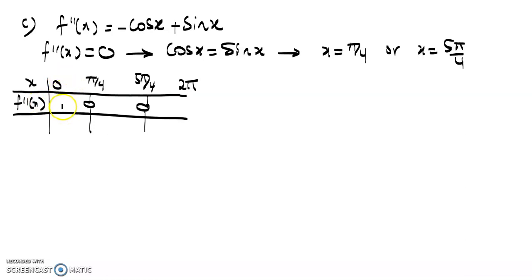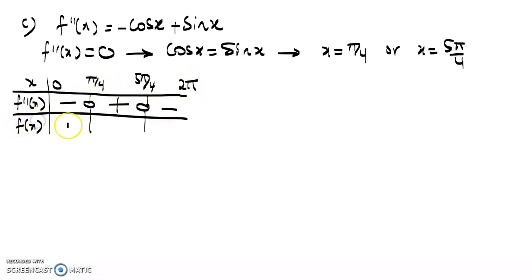You'd be able to determine the sign of f double prime over each interval. By doing that, between 0 and pi over 4, the second derivative is negative. Then over the second interval it's positive. Then between 5 pi over 4 and 2 pi it's negative again.